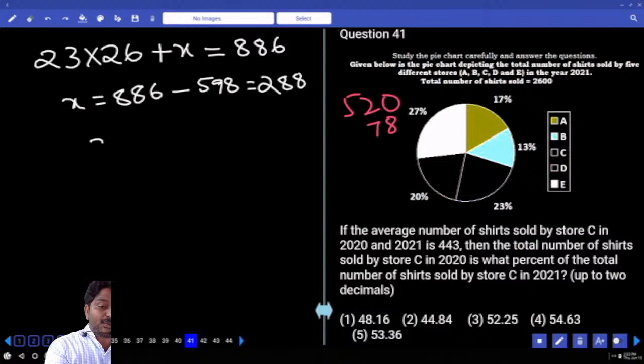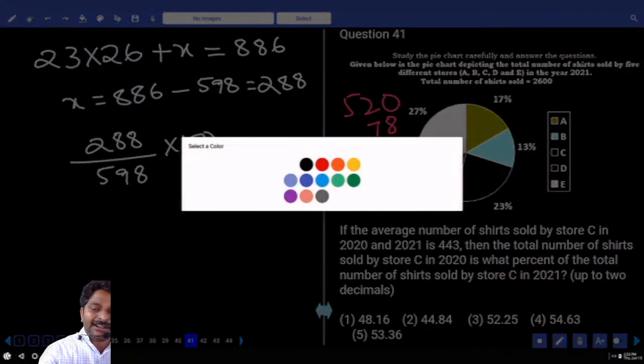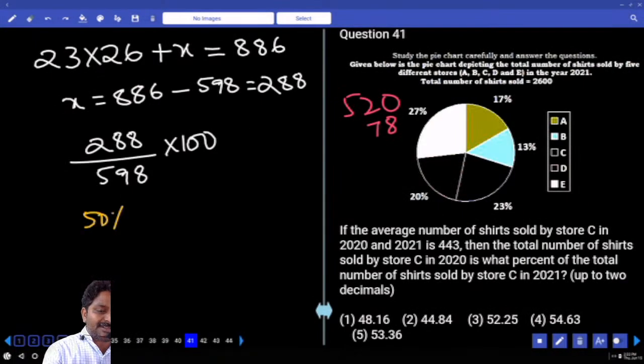Now the question is 288 is what percent with respect to 598, so into 100. When you look at your options, they are near 40 and 50%. So we'll immediately calculate 50% of the denominator, which is 299. How much do you need to subtract from this? 10.